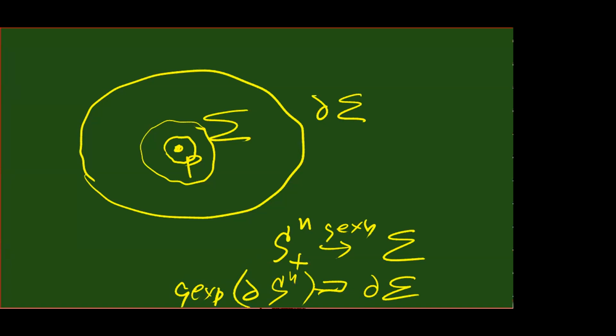By the way, there might be creases, so the image of the boundary might look like this, but it covers all of the boundary. In particular, the area of the boundary is smaller than the area of the boundary of the half sphere. And that finishes the proof.